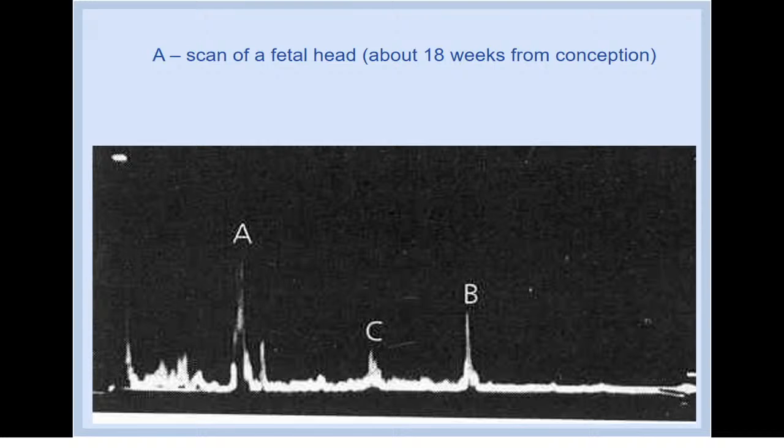Using the cathode ray oscilloscope, calibrated time base estimates of time intervals between echoes may be made. For example, the time elapsing between peaks A and B on the screen can be recorded. This corresponds to the time taken for an ultrasound pulse to travel from the near side of the baby's skull to the far side and back again.